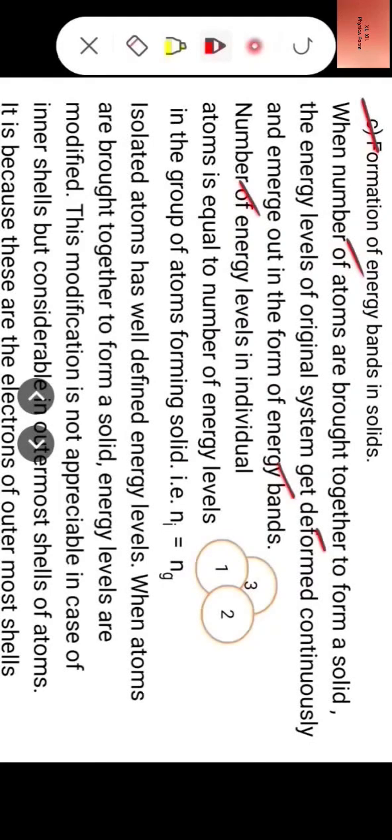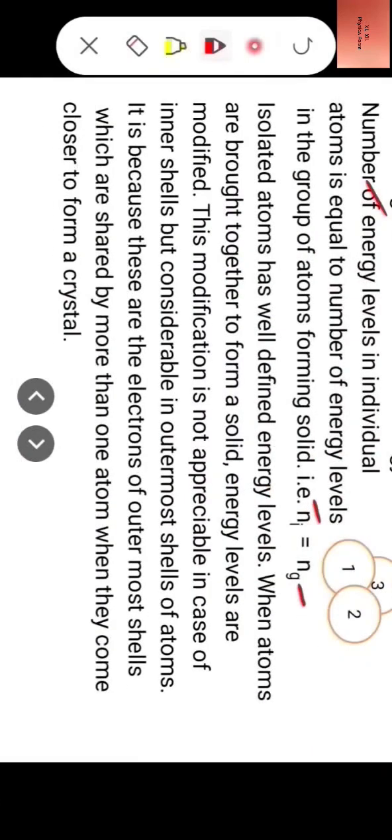That is, n individual is equal to n group. Isolated atoms has well defined energy levels. When atoms are brought together to form a solid, energy levels are modified.